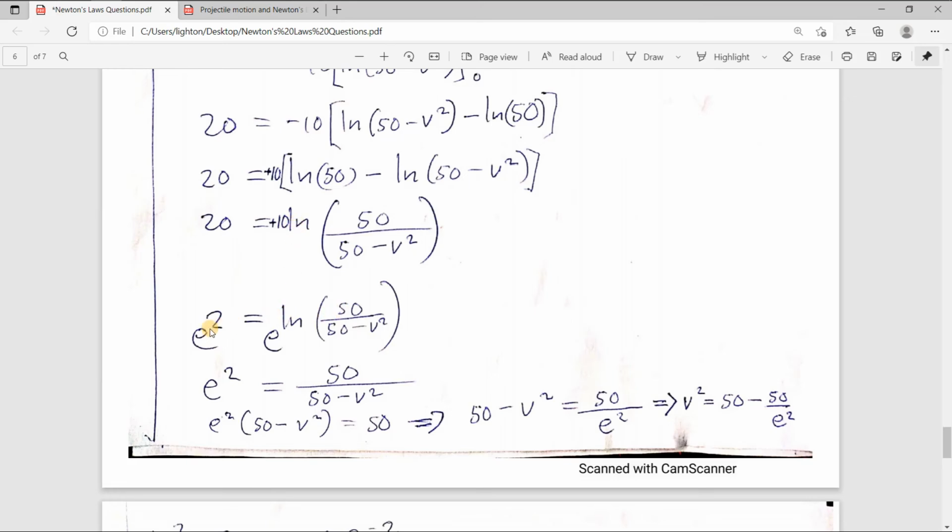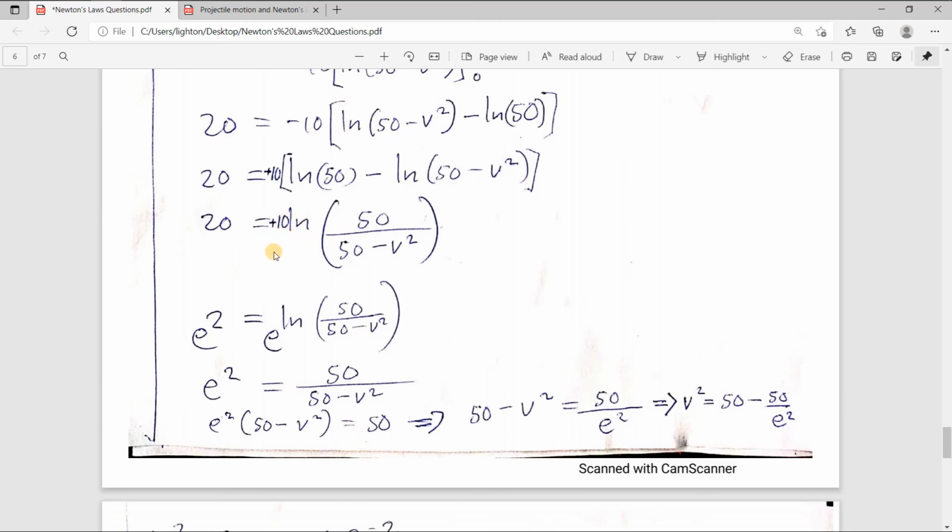And then after doing that, you might want to get rid of this natural logarithm, which is the ln function. To get rid of it, we must introduce an exponential on both sides. We must multiply by an exponential on both sides. So the left side, introducing an exponential here, will just be exponential 2, as it is here. And the right side, introducing an exponential cancels with the ln function.